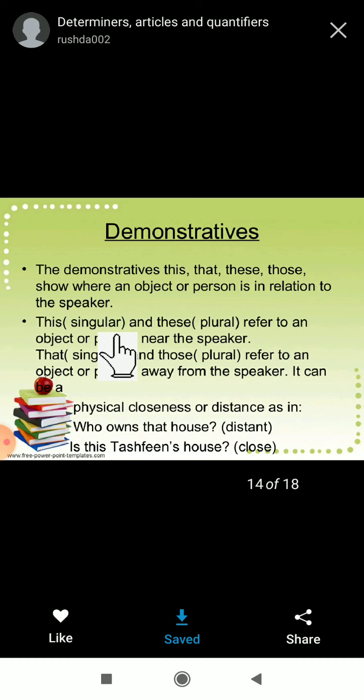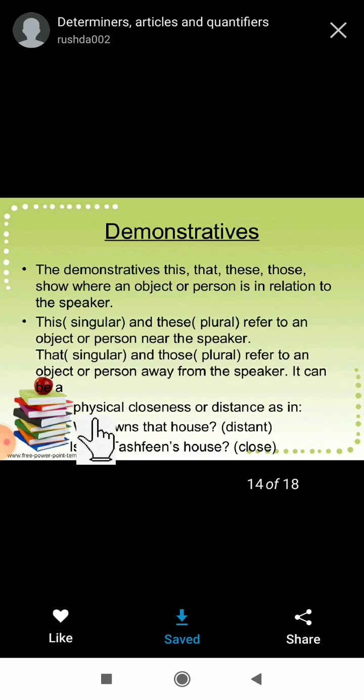This is singular and these is plural, referring to an object or person near the speaker. That is singular and those is plural, for objects or persons far from the speaker. So for near things we use this or these, and for far things we use that and those.